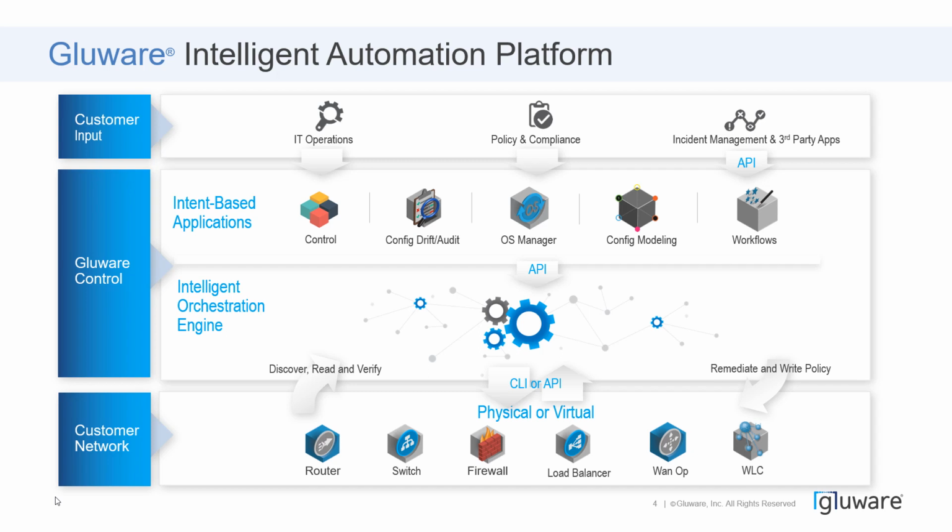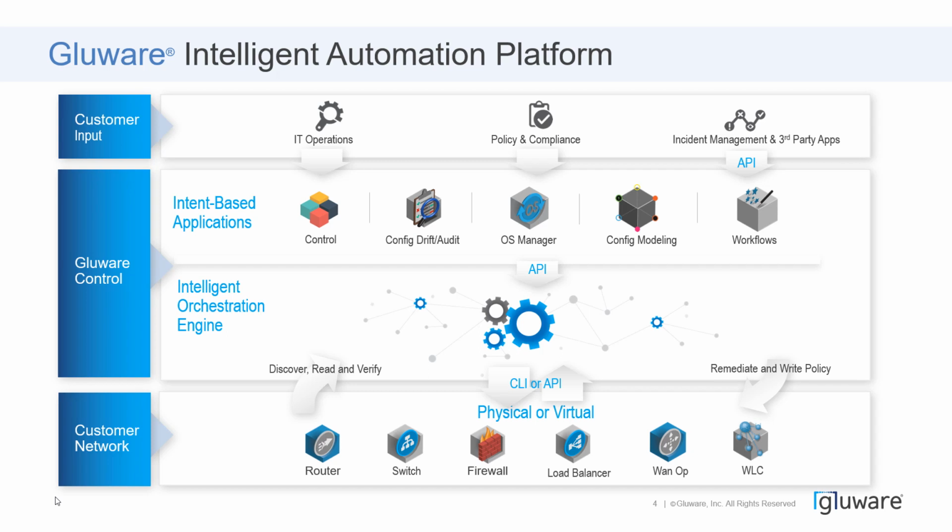There's an application for config drift and audit, an application for operating system upgrade, downgrade, and patch management, config modeling for configuration management, and workflows to provide that business layer, or wizard style steps, to provide abstraction over commonly executed operational tasks.